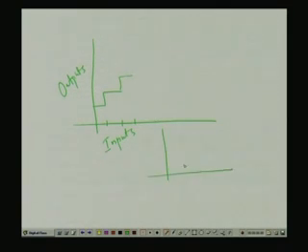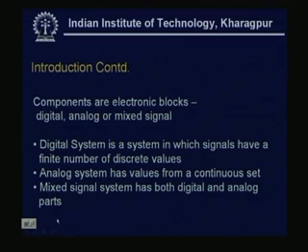So, if a system consists of both digital as well as analog signals or analog components, that means the inputs can take finite or infinite values, as well as the output can be finite or infinite, then we are telling that this is a mixed signal system.